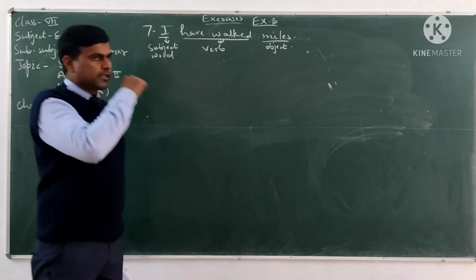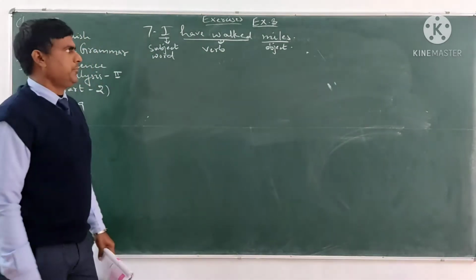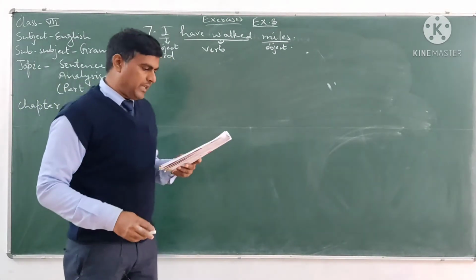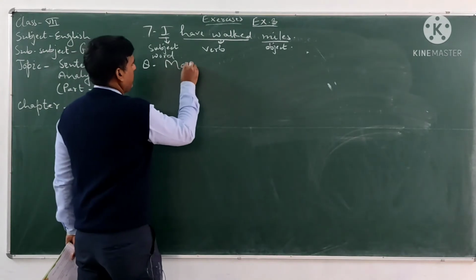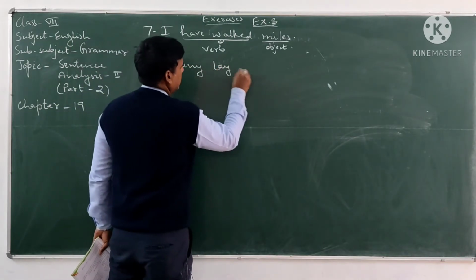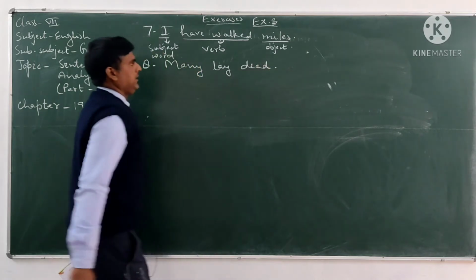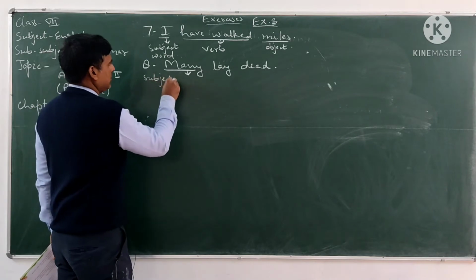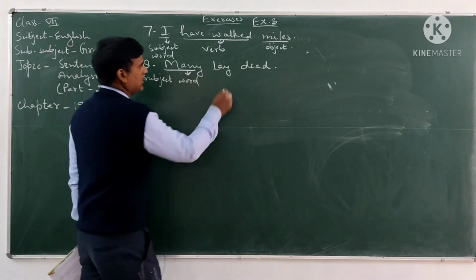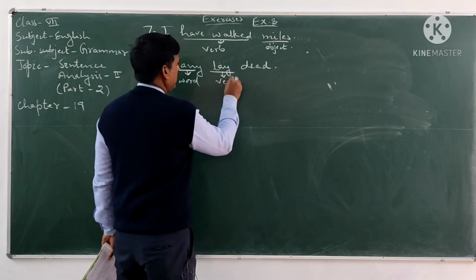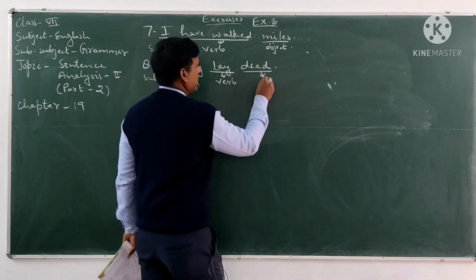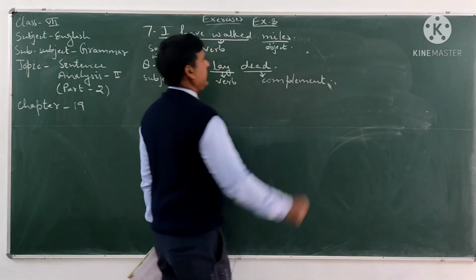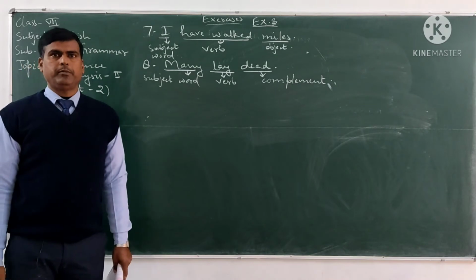So this is the sentence analysis of sentence number 7. Now see sentence number 8. Sentence number 8 is, many lay dead. In this sentence, many is the subject word, lay is the verb, and dead is the complement, subjective complement.